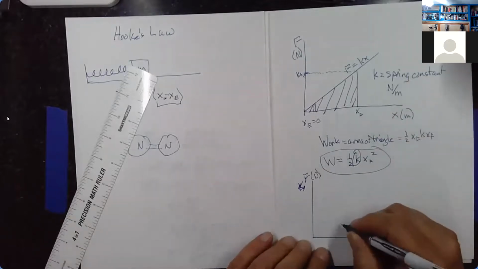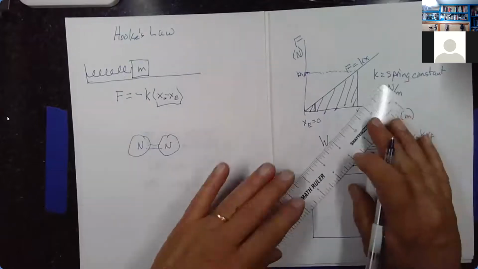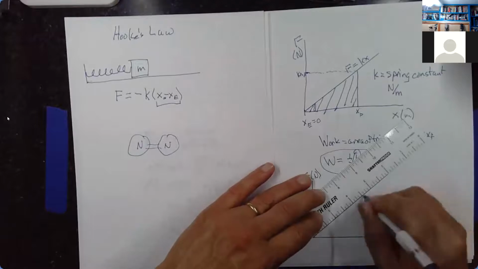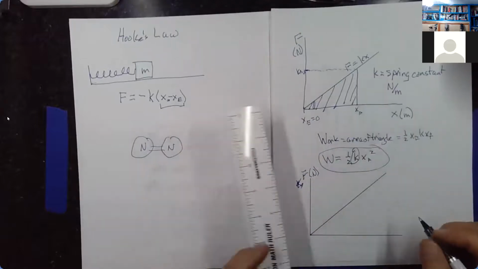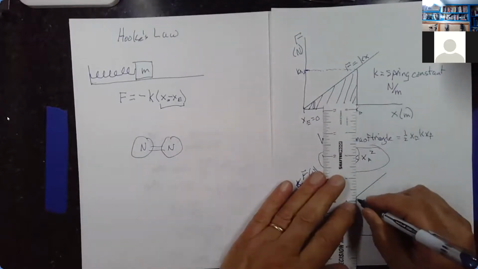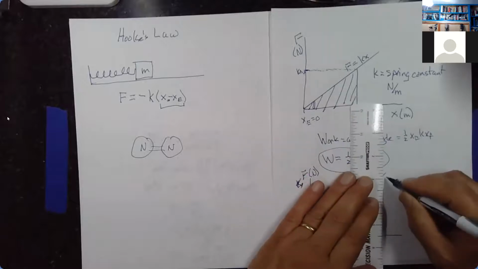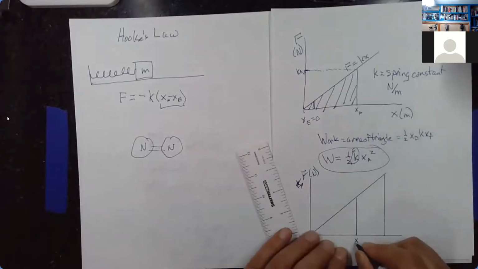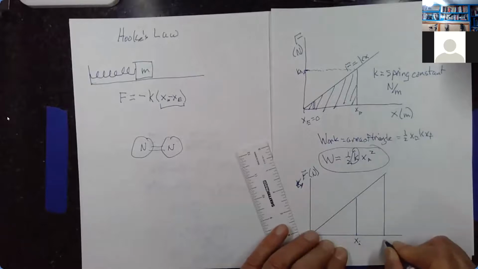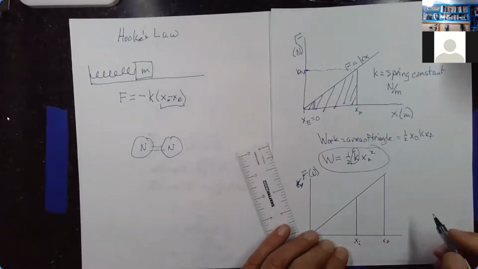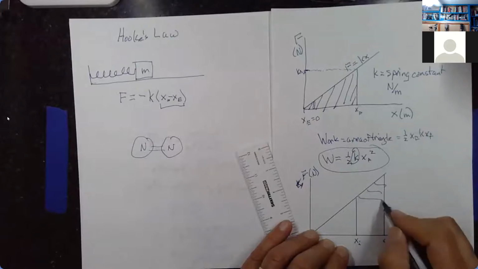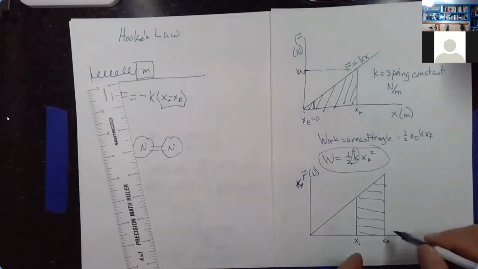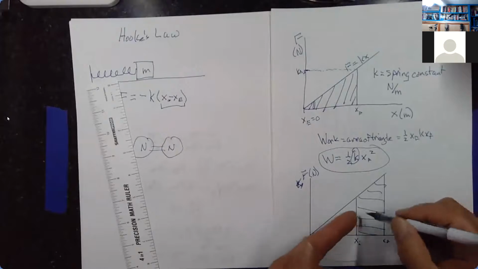But what if we would have our sample, this is the force we would have to do against the spring, but instead of going from 0 out to some position, we're going to go from some x initial to some x final that's out here. Well, it turns out we want the area under this whole thing again, and instead of being a triangle this time, it's a trapezoid.